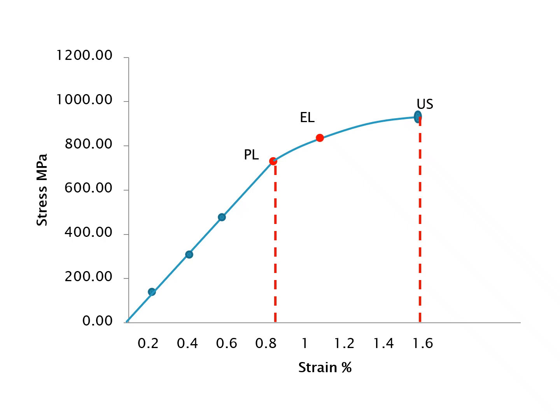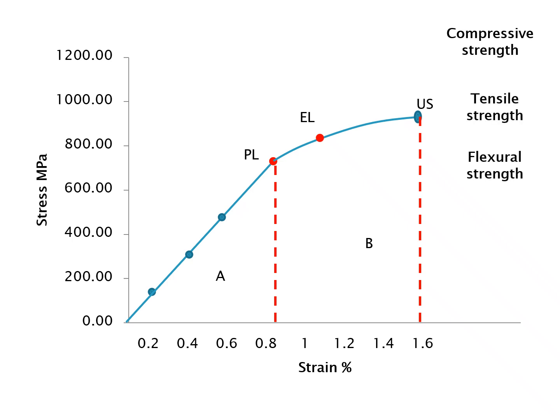So these two are very important properties. In the curve, the areas A and B represent the resilience, and A plus B represents the toughness. So depending on the type of stress applied, we can calculate this ultimate strength as compressive strength, tensile strength, or flexural strength.